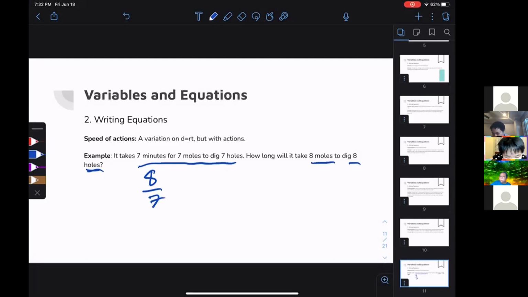But there are 8 moles as well, and so 8 moles means they work 8/7 times as fast. So it would take them only 7/8 of the time for 7 moles doing the same amount of work. So you combine those two together, they cancel out to become 1. And so the time actually remains constant compared to 7 moles and 7 holes.